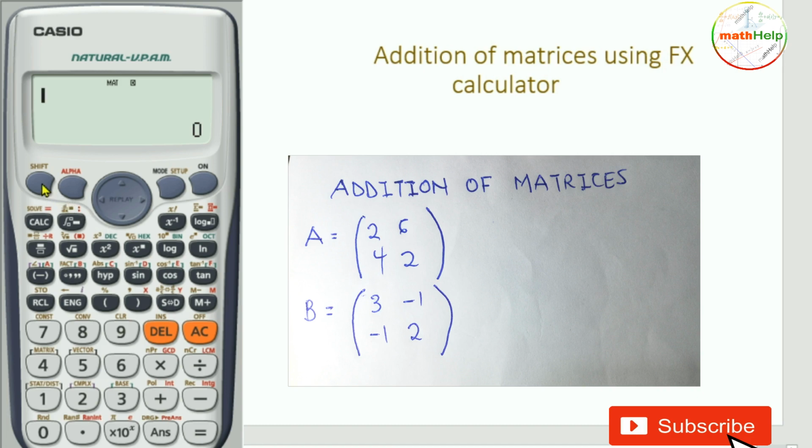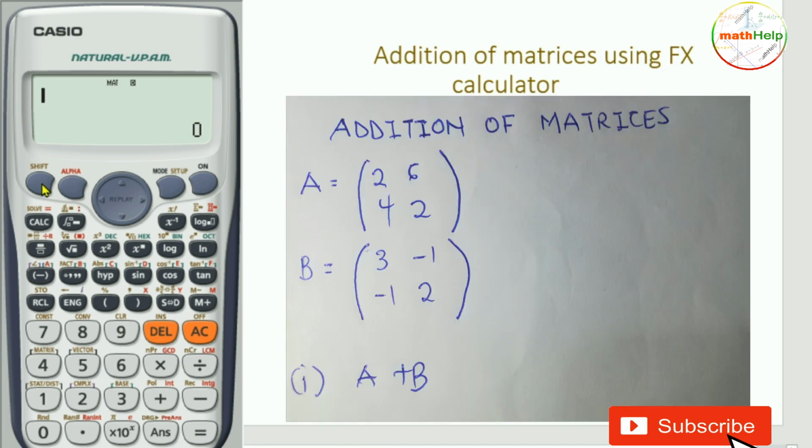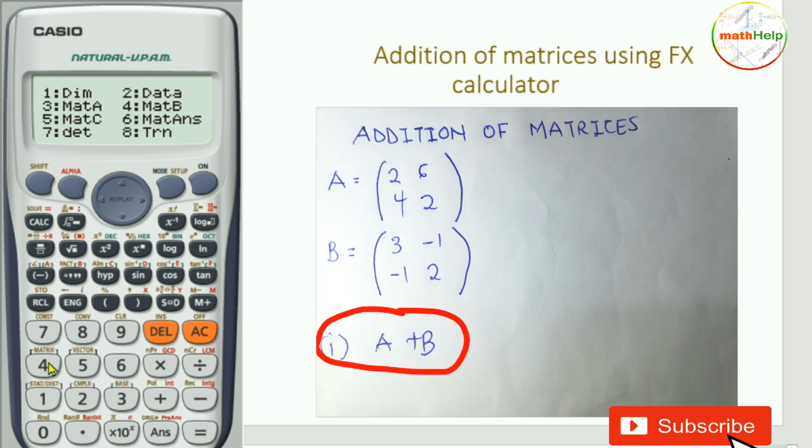The question asked us to find A plus B. So we go Shift, matrix. Let's first check if our data exists before we start to perform the operation on the respective matrices. You can use 2, which is data, to check.